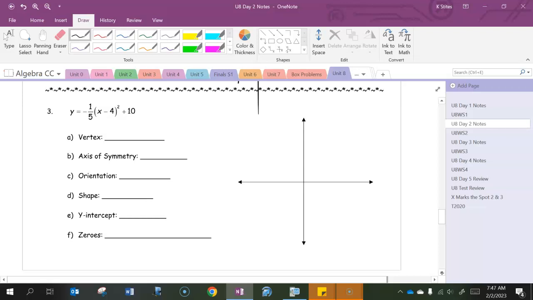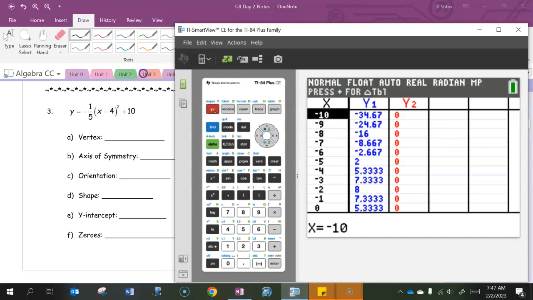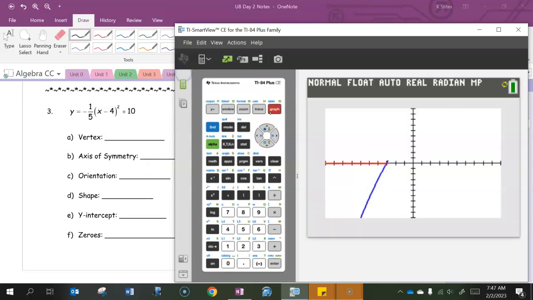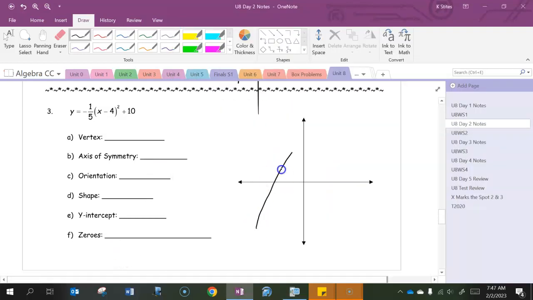All right, so for number 3, now we're going to practice finding everything. We're going to put this all together. So first things first, we can type it in. Okay, and you can graph it, and woo, it's really wide.